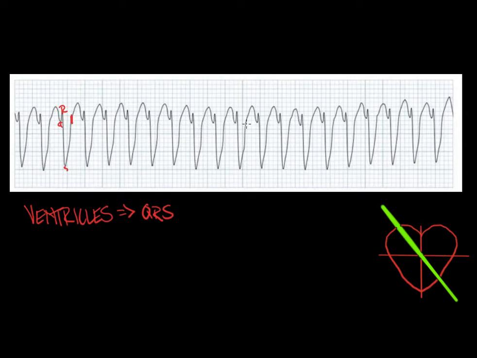If we find a complex that's fairly close to a line, this one's pretty good, we can measure the start of the Q to the tail end of the S and measure those boxes in between. If we do that, we find our width to be about 120 milliseconds, which we can consider to be wide. And if we remember before, with wide complexes, one of the things that we can assume is that it's probably a ventricular rhythm.